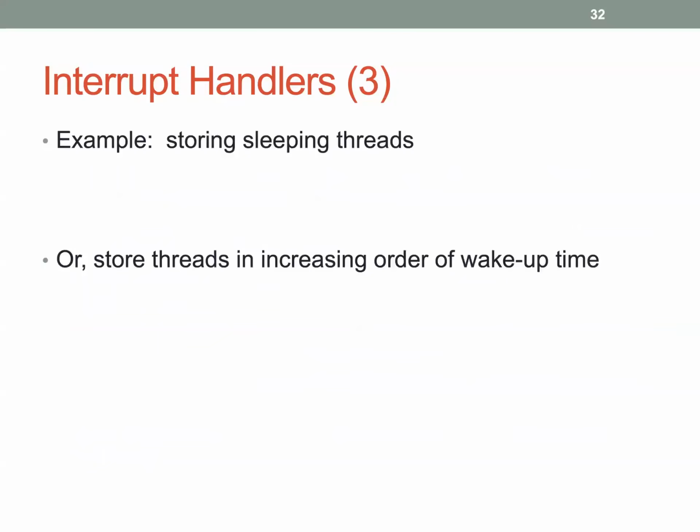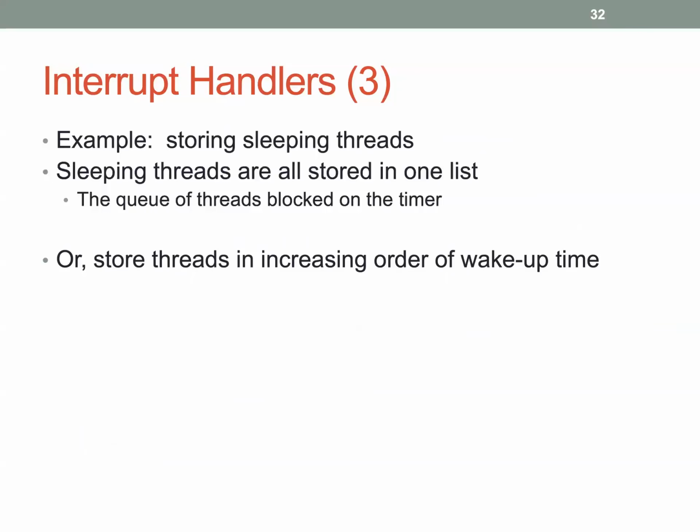Oops, looks like I got my slide ordering messed up. Another thing that you could do is when you're storing sleeping threads, you're going to store them all in a single list. So you could order them in no particular order, which is fast for adding threads to the list. Or you could make sure that they're always kept in increasing order of wake-up time.